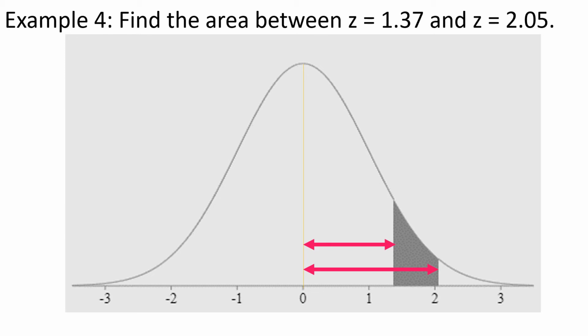The area of this region cannot be directly known from the table, again, because the z table gives us only the area from 0 to a z value to its right. So given that, we will solve first for the area from 0 to 2.05, then minus the area from 0 to 1.37.